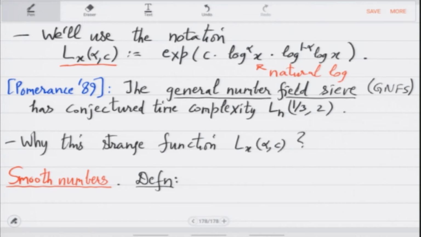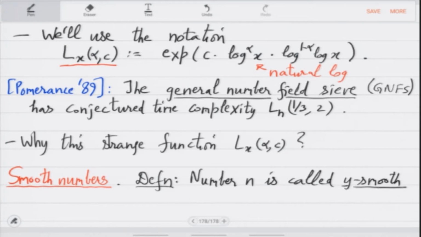Smooth numbers are basically numbers that have small prime factors. So a number m is called y-smooth if all its prime factors are less than or equal to y.